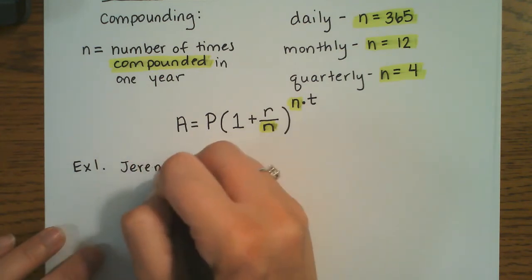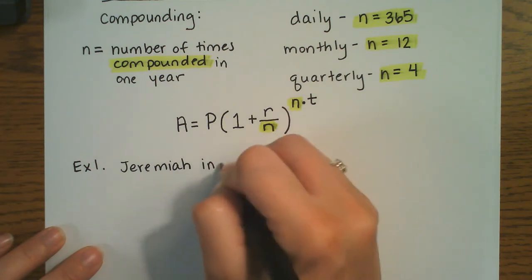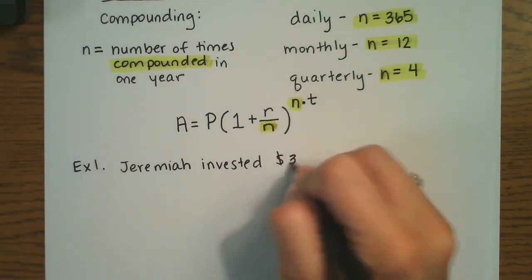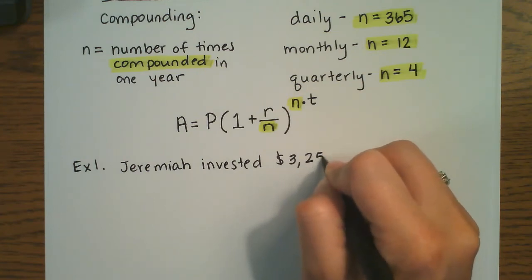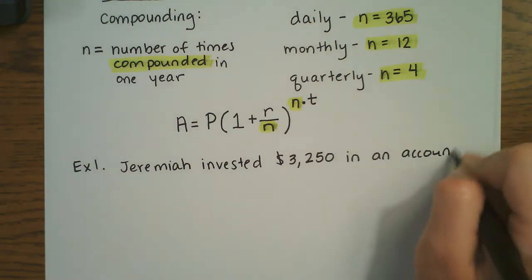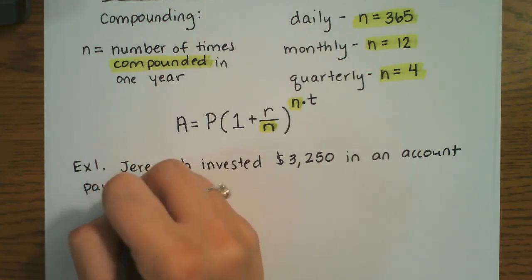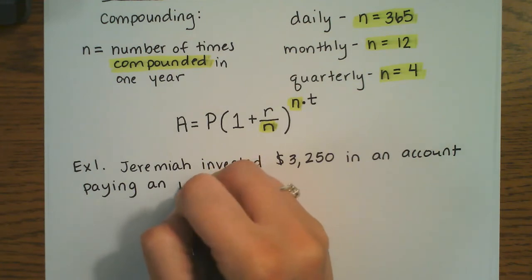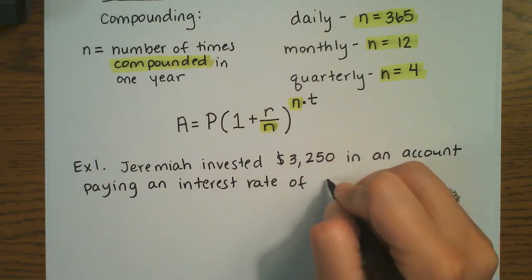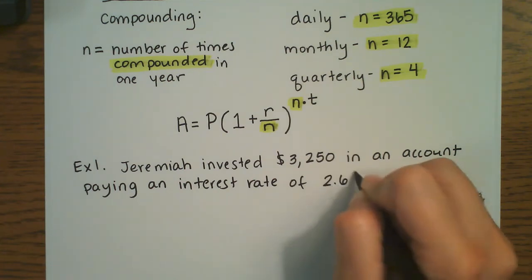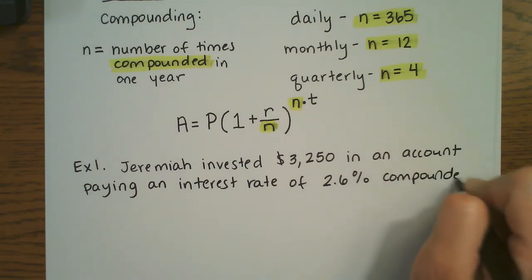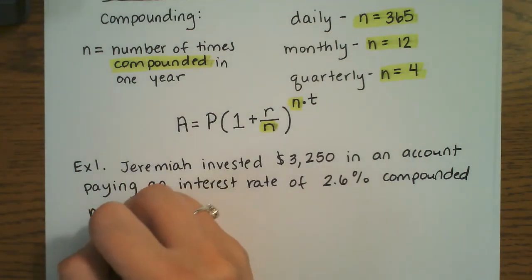Jeremiah invested $3,250 in an account paying an interest rate of 2.6% compounded monthly.